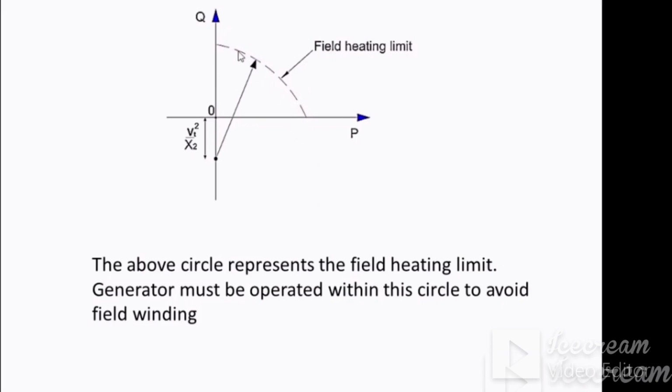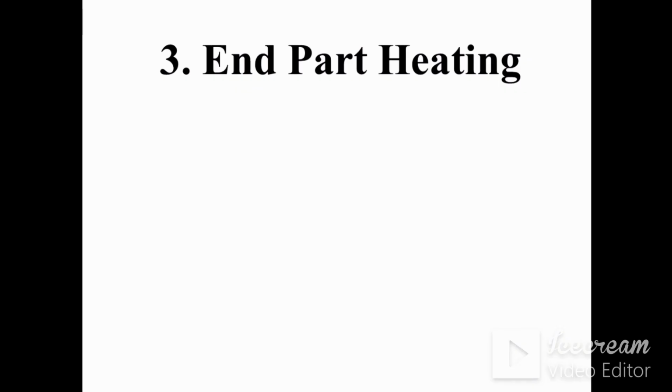This curve is nothing but the field heating limit curve; within this curve only your field current must be given. So here we will see what end part heating in the generator is, because it is also imposing a limit on the operation of the synchronous alternator.